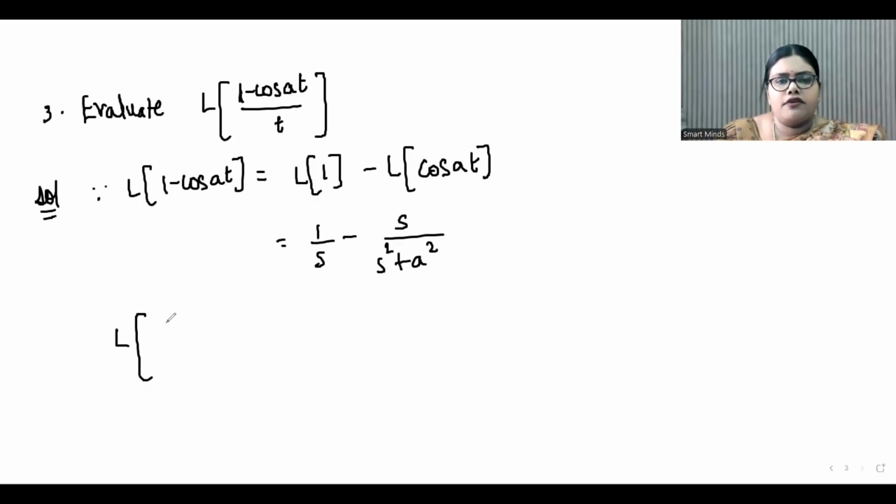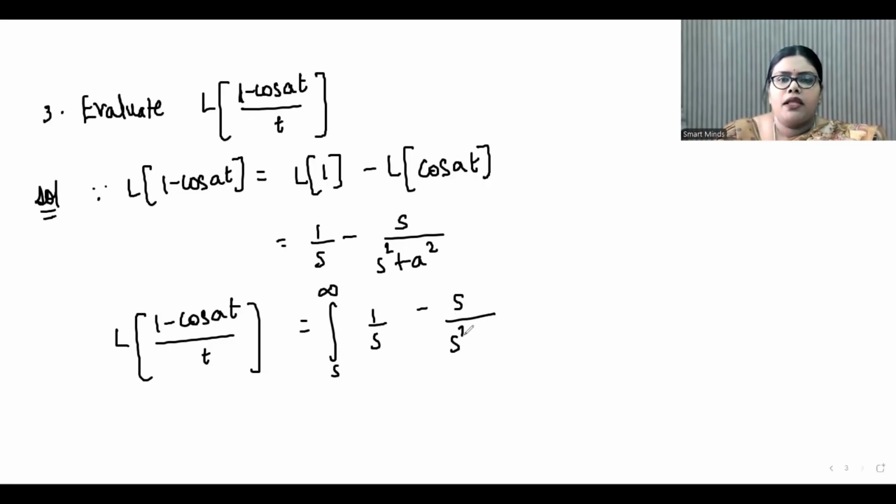Now we are taking division by t. So L of 1 minus cos at by t is equal to integral s to infinity of this entire thing. That is 1 by s minus s by s square plus a square ds.